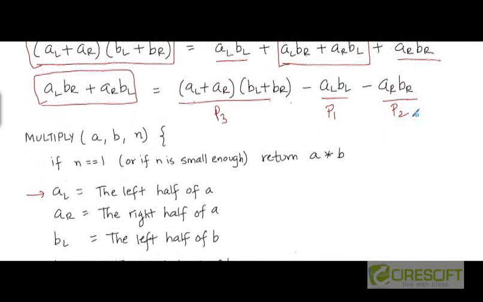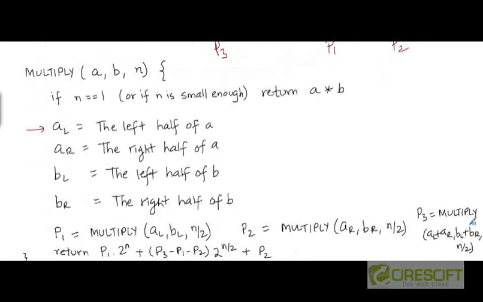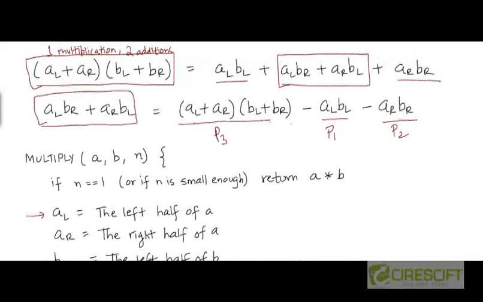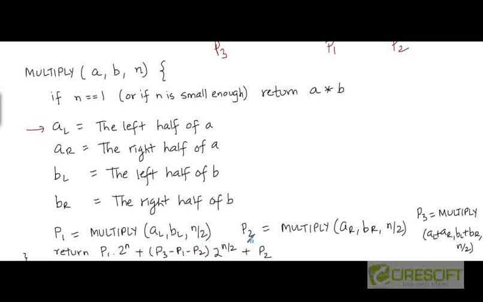Now these products are products of two n by 2 bit integers, which is why the third parameter here is n by 2. We are making a recursive call on these smaller integers whose length in terms of number of bits is half that of the original two numbers A and B. So these are smaller subproblems.